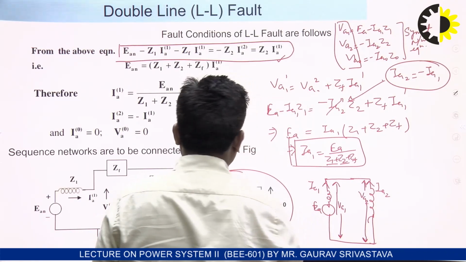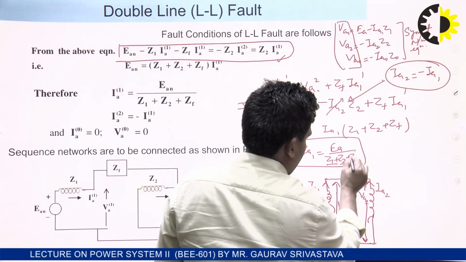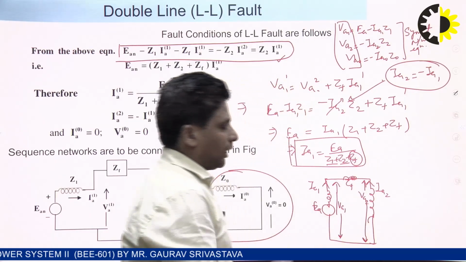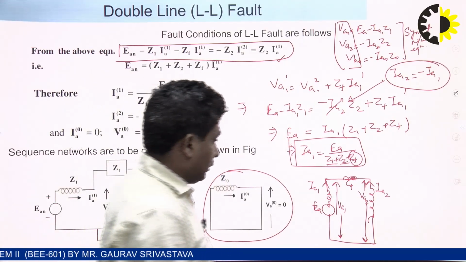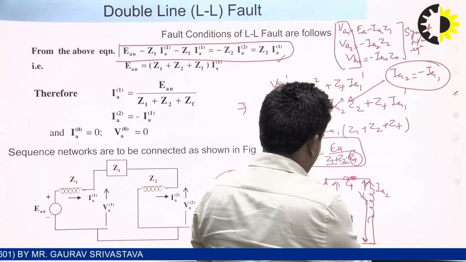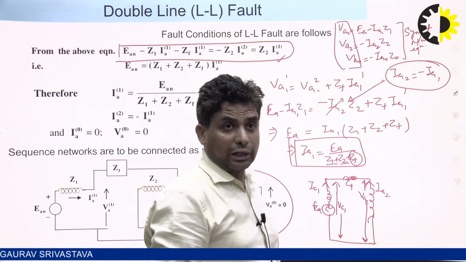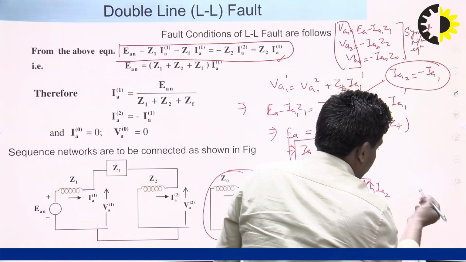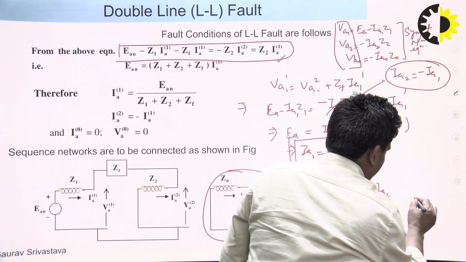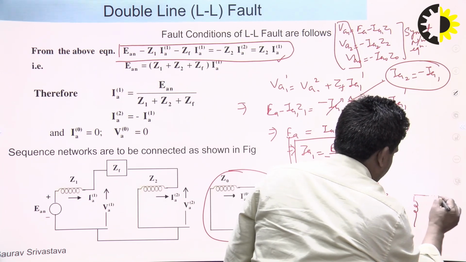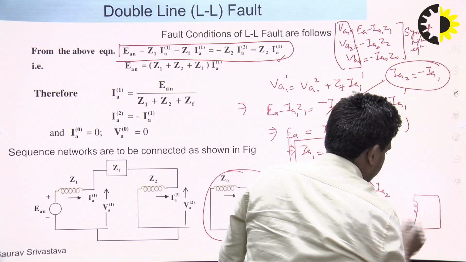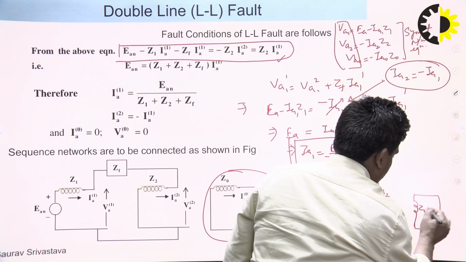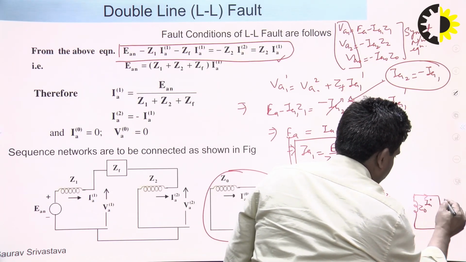So current is flowing, and as the impedance is also available here, we just connect the ZF here. So that is the interconnection network, in which the positive and negative circuits are connected, and the zero sequence circuit is absent. For the single phase network you just define Z naught, Ia naught, Va naught.